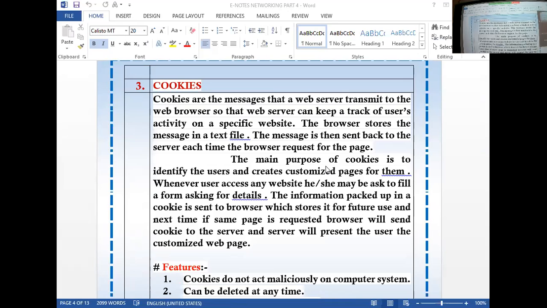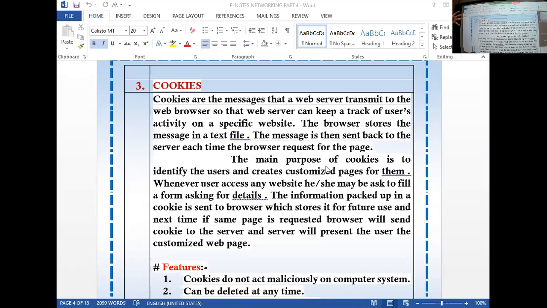Right? The browser will store that message as a text file, and suppose the user wants to access the same website, the same web page again, the browser will send that stored message to the server.